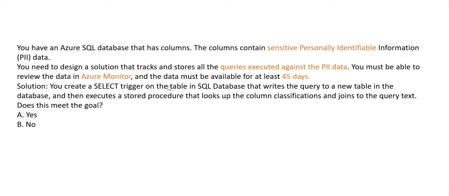The solution they have given is you create a select trigger on the table in SQL database that writes the query to a new table, then executes a stored procedure that looks up the column classifications.